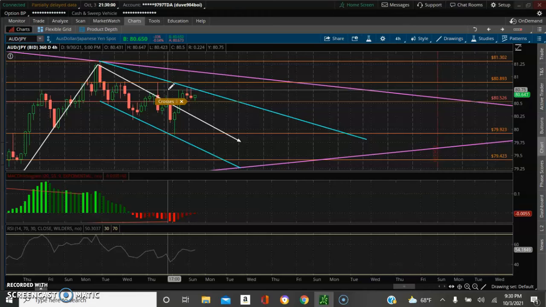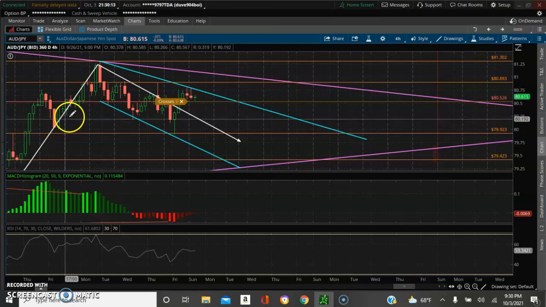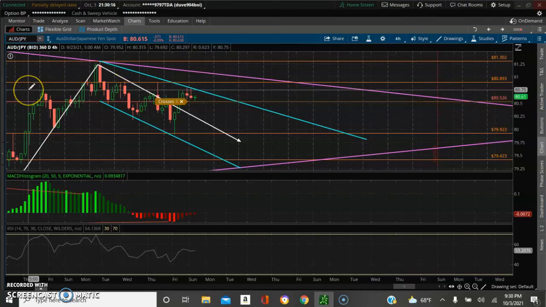You see where I got this line here, at 80.75. You can see that the market fell at this price, rose up here, came back down, and ended up falling. So we know that this is a resistance level as well, a smaller resistance level.